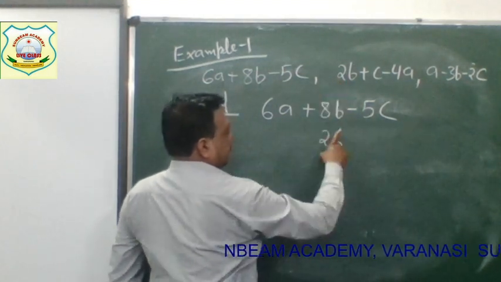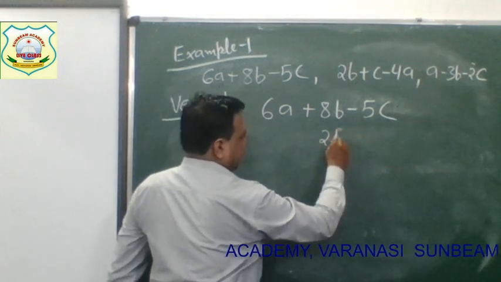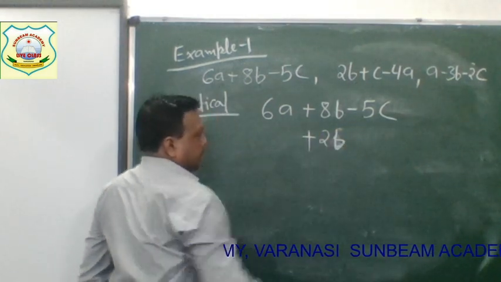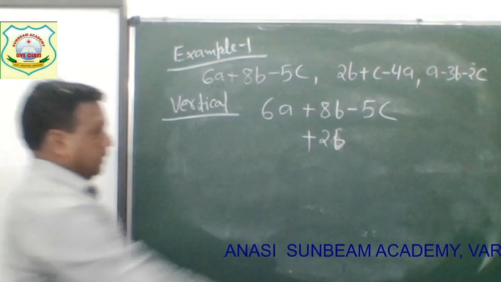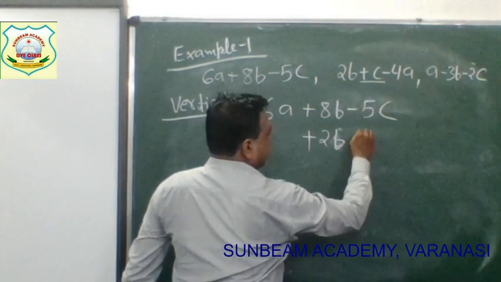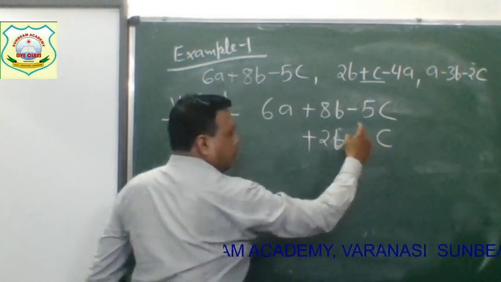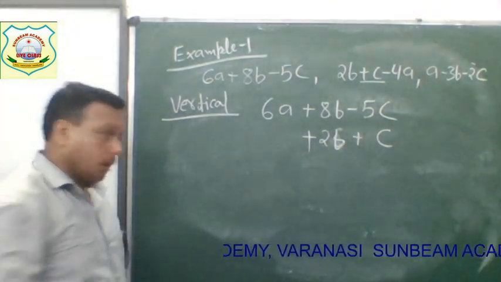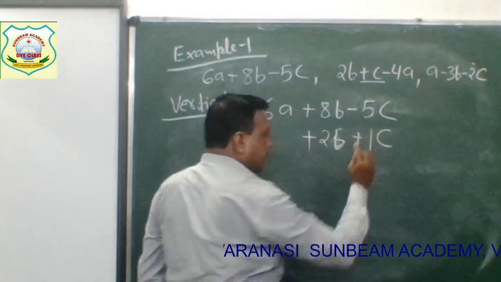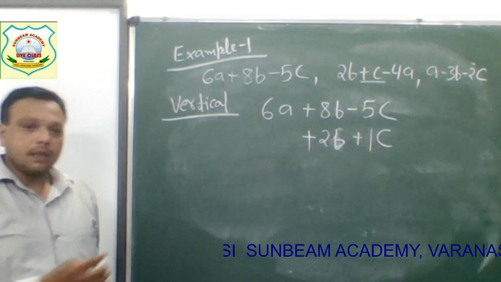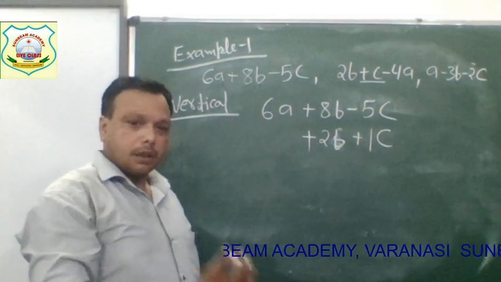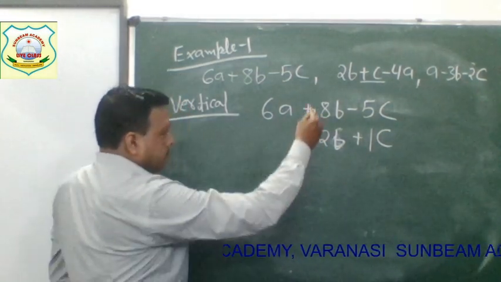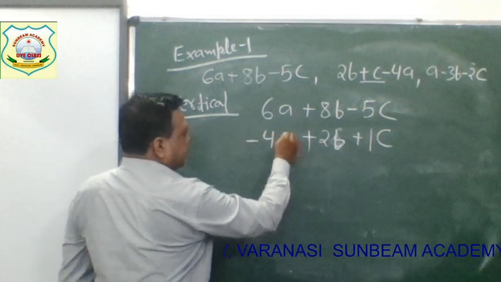And here the sign is plus, so plus we will write. C, this is plus c. But what numeric value does c have? We can write 1. If a, b, c are given singly, it means 1a, 1b, 1c we can write. Minus 4a, we will write here 4a.